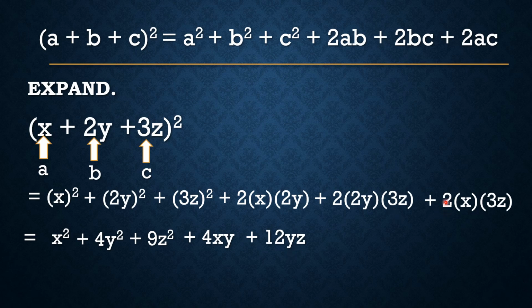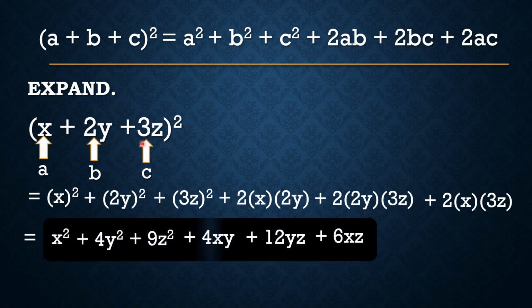Then last 2 times x times 3z, and that gives us 6xz. So, ibig sabihin, when we square this trinomial, x plus 2y plus 3z, we get x squared plus 4y squared plus 9z squared plus 4xy plus 12yz plus 6xz.